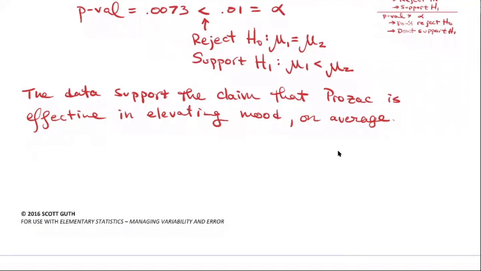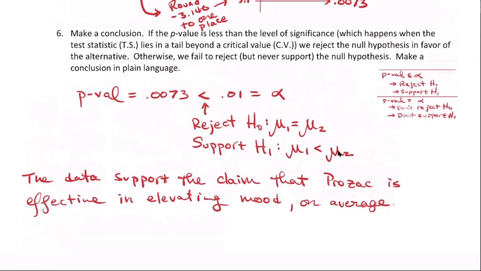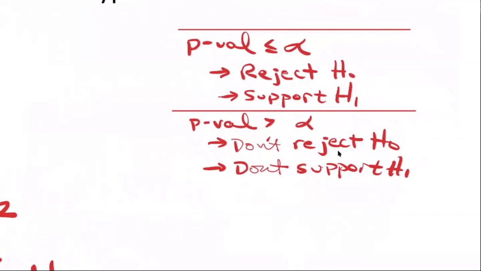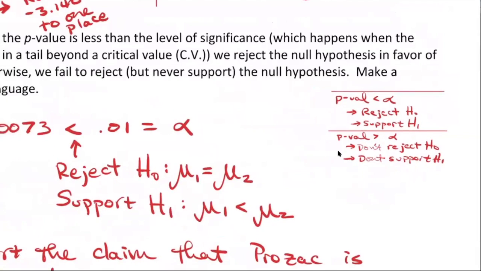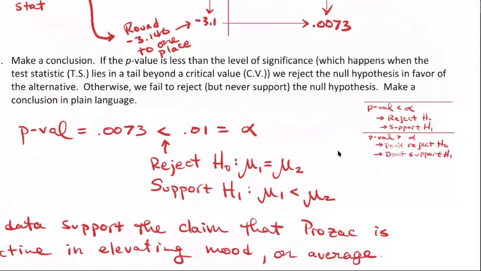So on the p-value less than alpha, is it less than or equal? Well, Susan, I don't care. I could go either way. Look, I just erased it. So you're not going to end up with any ties, because the thing is with the p-value, you always have several places after the decimal, and the alpha is always only 2 places after the decimal.